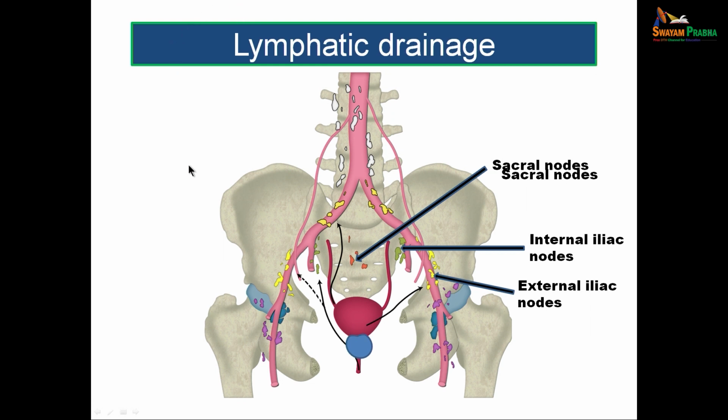So, the vessels accompany the vesical vessels and reach external iliac nodes. Accompanying the membranous urethral vessels, they end in the internal iliac nodes. Other nodes are laterally placed obturator nodes and medially placed posteriorly sacral nodes. So, these are the nodes involved in the lymphatic drainage of the prostate.